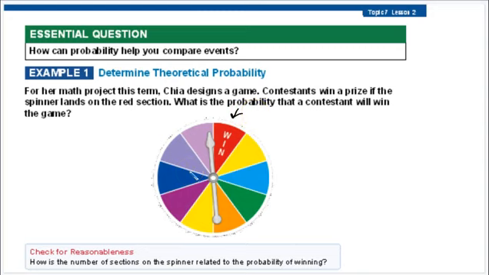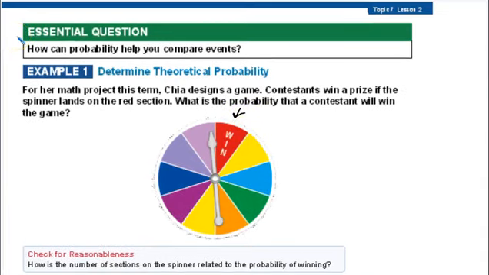So, how many possible spots are there to land on to win? Just one. Okay, so that would be one possible way to win. And then how many possible outcomes are there? 1, 2, 3, 4, 5, 6, 7, 8, 9, 10. So there are 10 possible outcomes. So, to win, the probability is 1 out of 10.